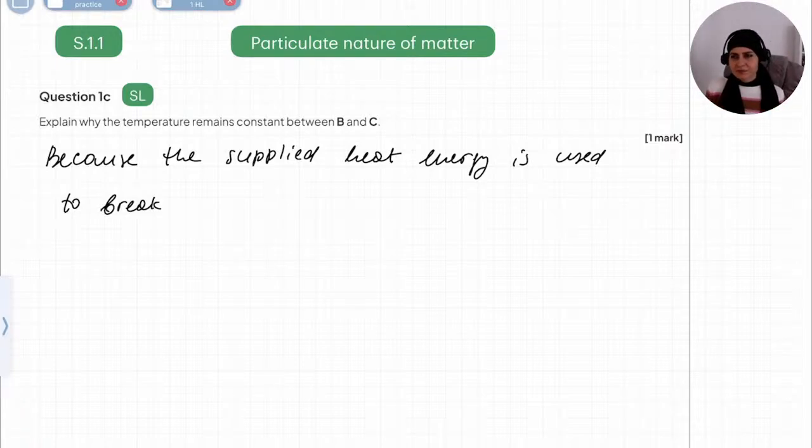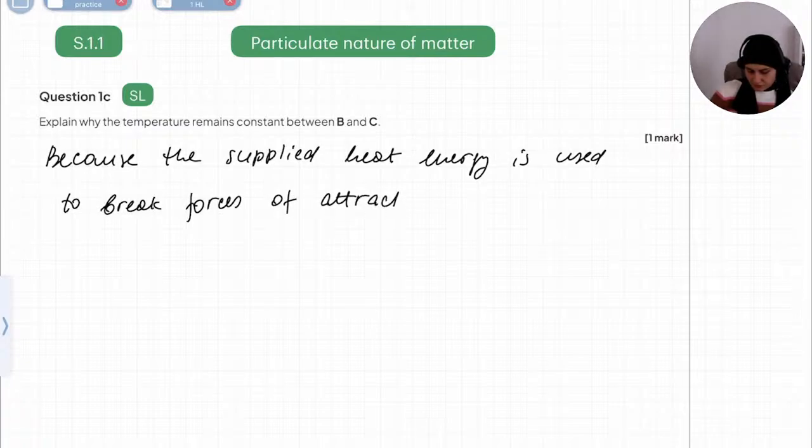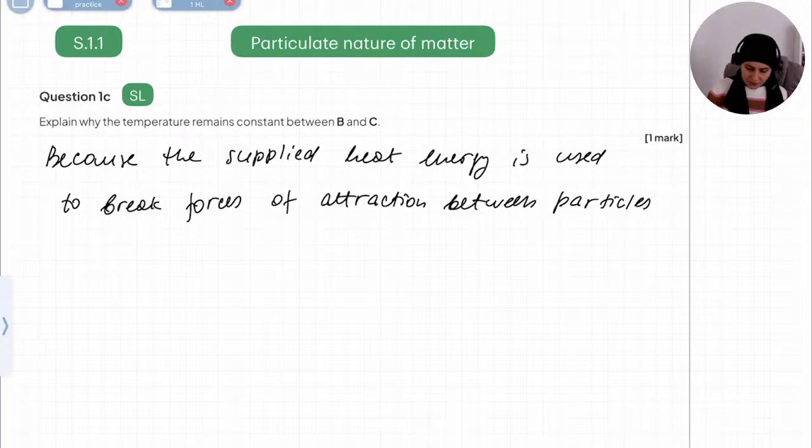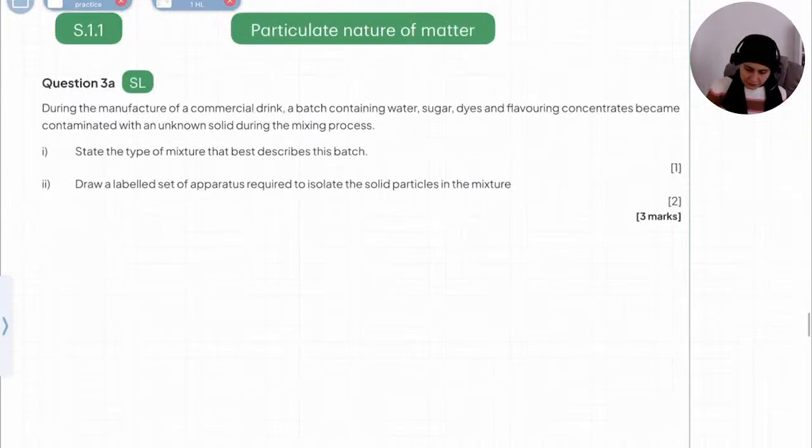But just in case, what if they don't give you a simple covalent compound? I would just say to break forces of attraction between particles, to move them further apart.